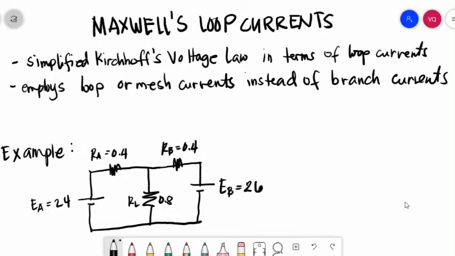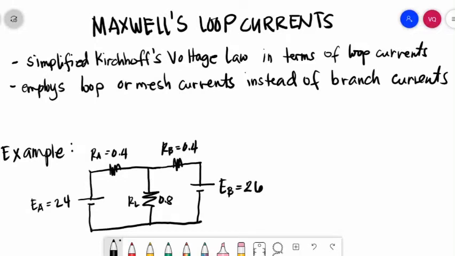So our next topic is Maxwell's loop currents. This method, which is particularly well suited to coupled circuit solutions, employs a system of loop or mesh currents instead of branch currents as in Kirchhoff's laws.